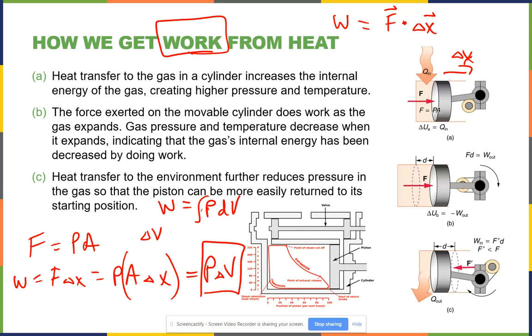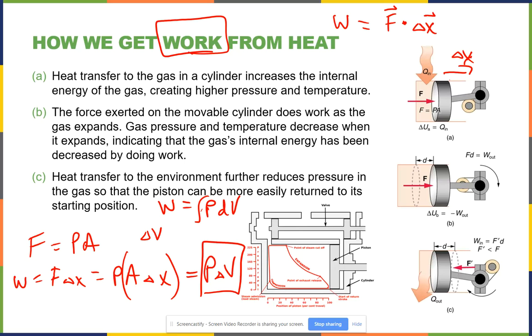Now, if we look at our processes that I identified quickly, we had isobaric with constant pressure, isochoric with constant volume, isothermal with constant temperature, and adiabatic where heat is zero. Which of those four would tell me immediately what the work is? Immediately, no calculation necessary.